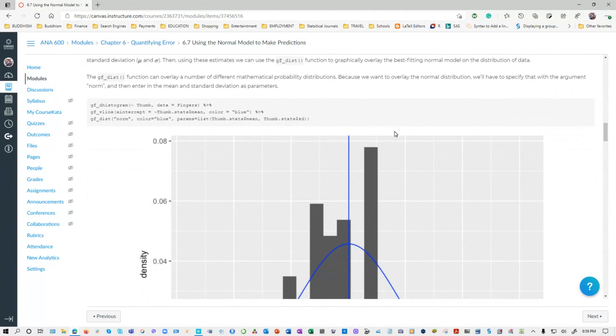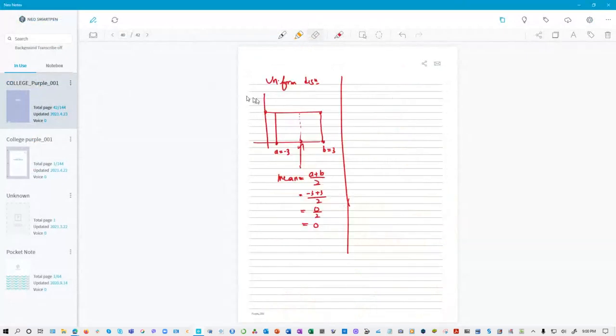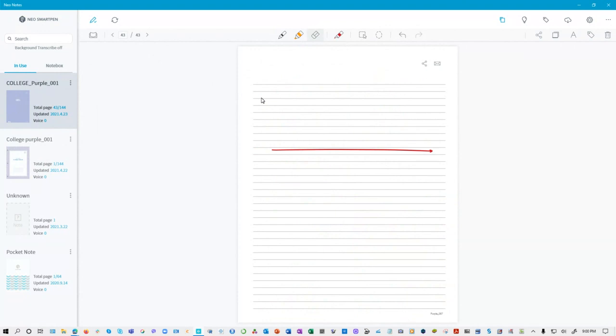When you draw a smooth curve on top of the histogram, let's say this is y. I'm not talking about data for the time being.